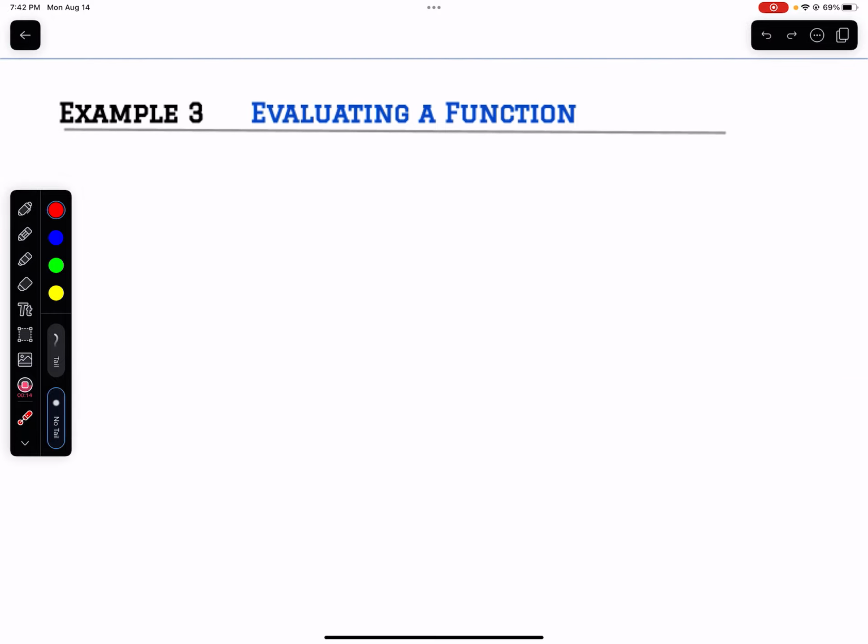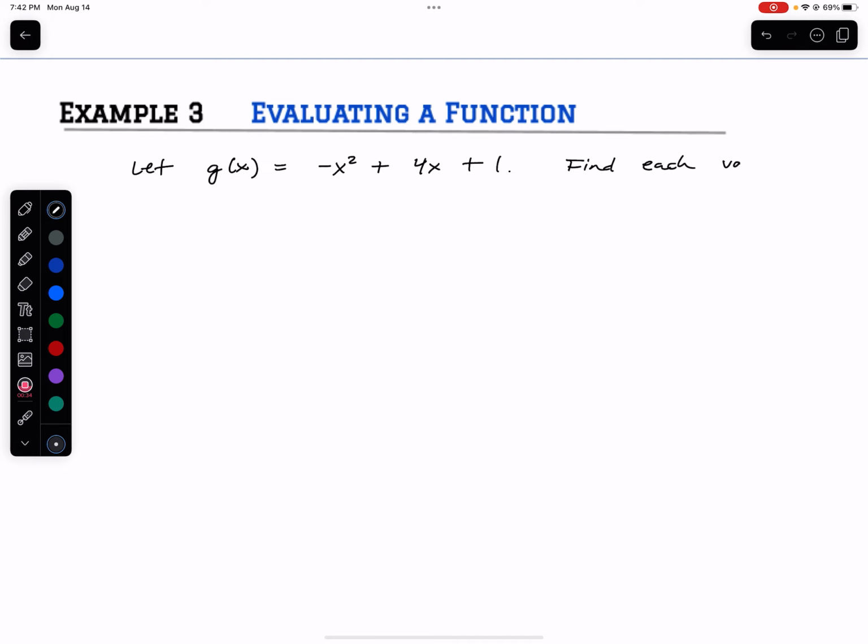So, example. Let g of x equal negative x squared plus 4x plus 1. Find each value of the function.